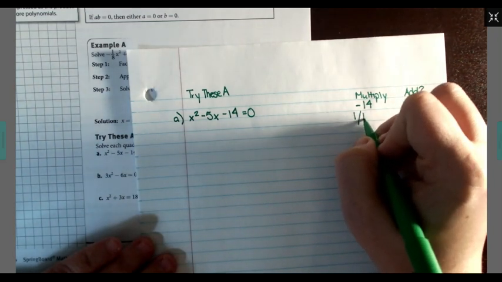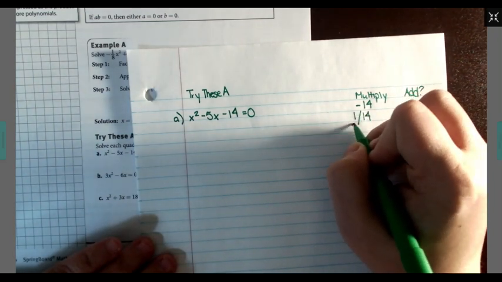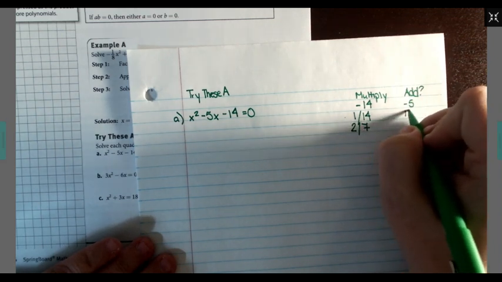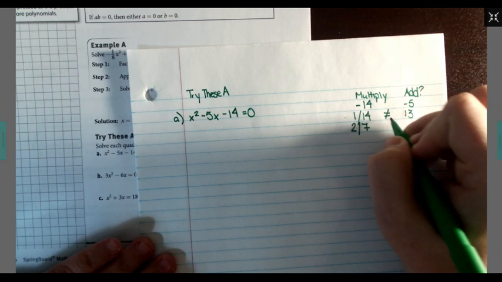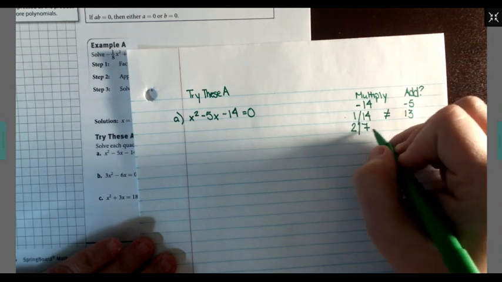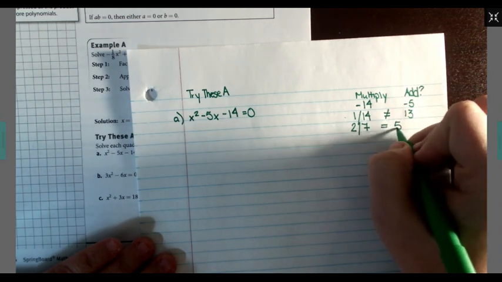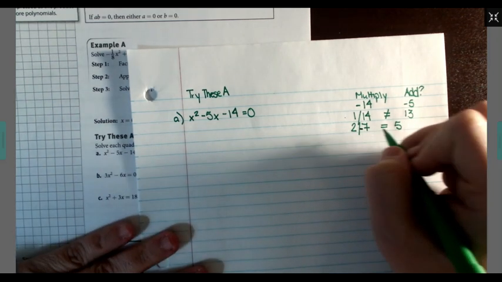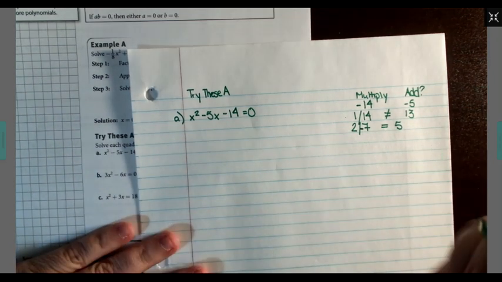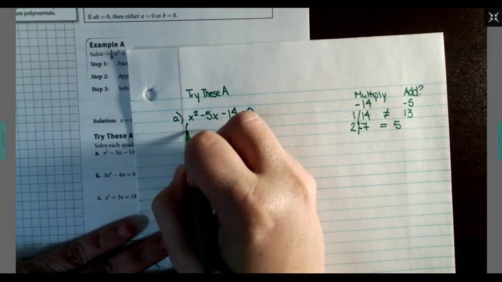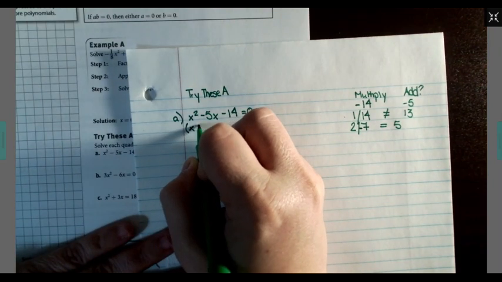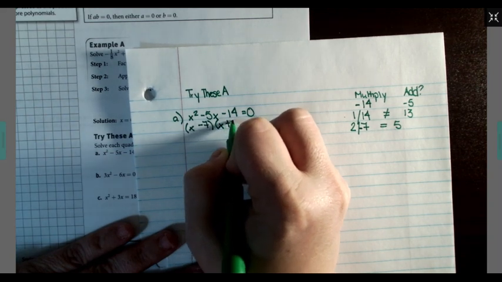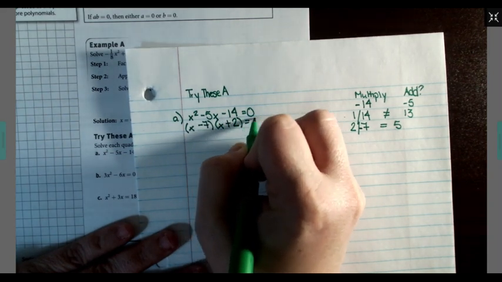Well, we got 1 and 14 and 2 and 7. Well, 1 and 14 when subtracted is 13, so that's not equal. 2 and 7 equals 5, and in order for it to be a negative 5, the 7 would have to be negative. So we're going to have x minus 7 times x plus 2, and that equals 0.